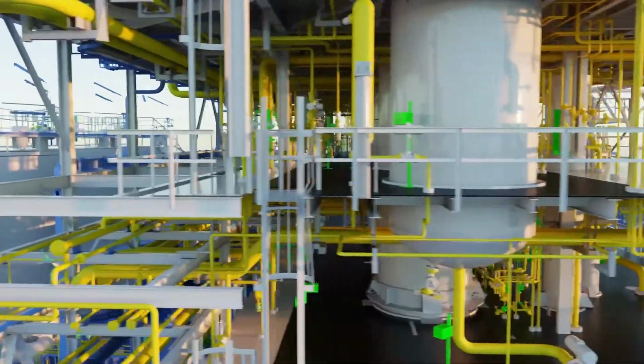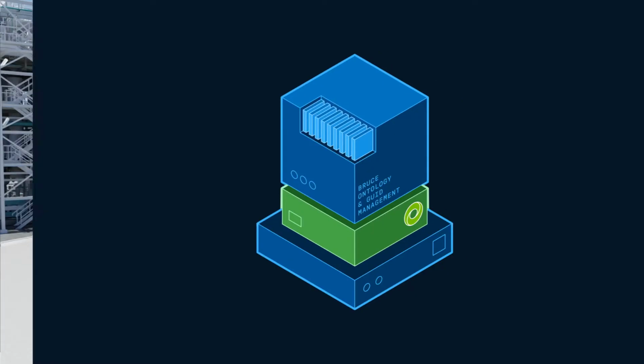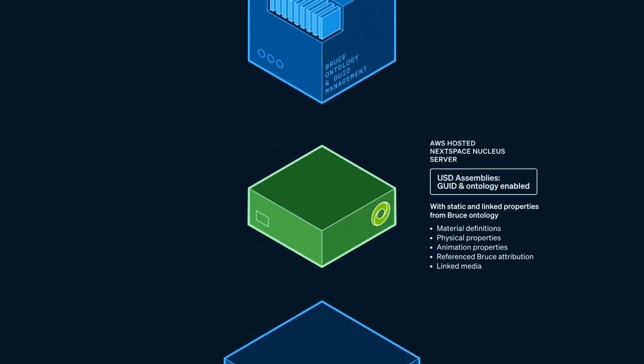So what we've done is to now build USD assemblies, which are GUID and ontology enabled. So we're able to track the independent USD files right back to the source data of information.